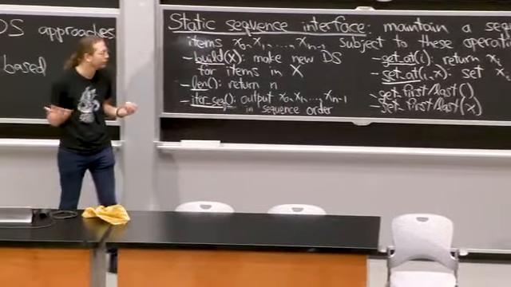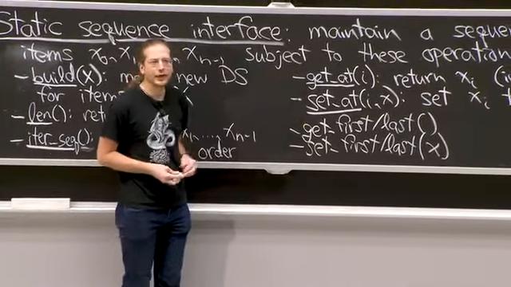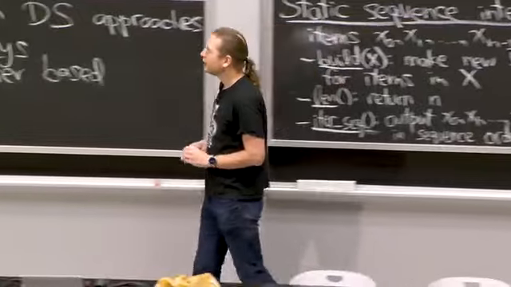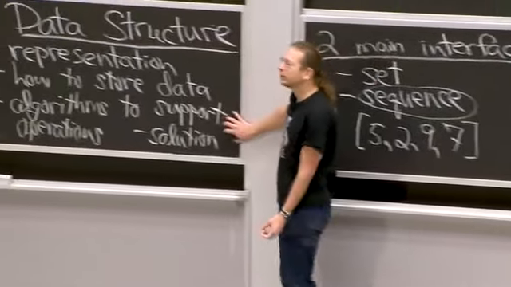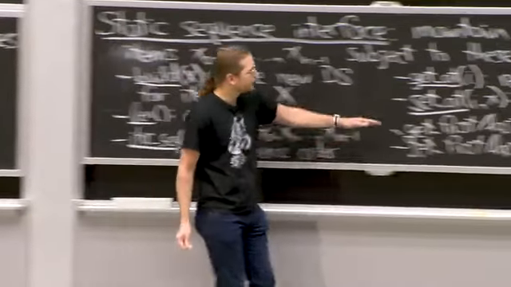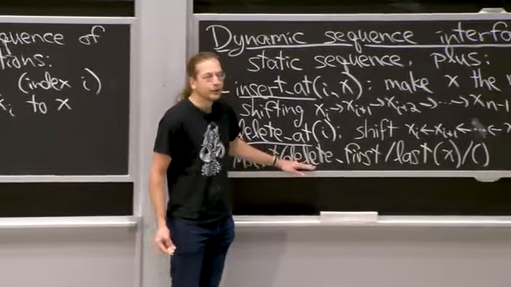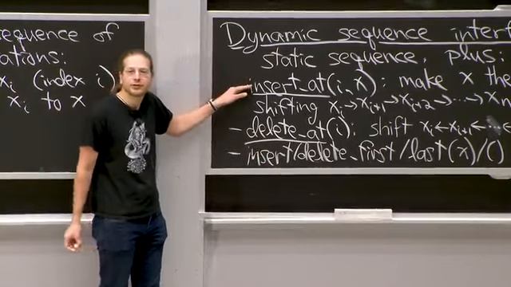If you were a mathematician, you would say, well, why do I even bother with this? This is just shorthand for a particular call to get or set. But what makes it interesting from a data structures perspective is that we care about algorithms for supporting these operations, and maybe the algorithm for supporting get first or set first, or in particular insert first or insert last, might be more efficient. Maybe we can solve this problem better than we can solve insert at.